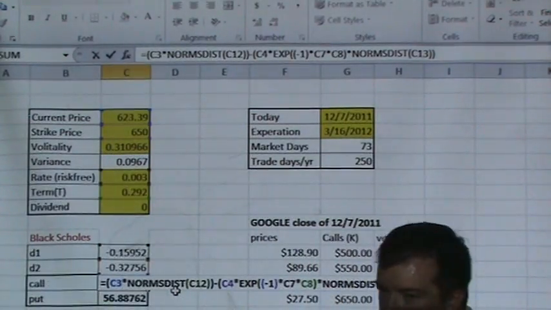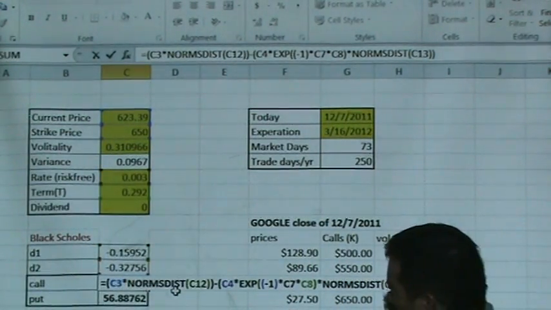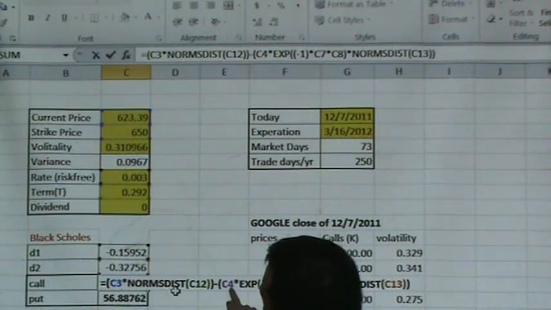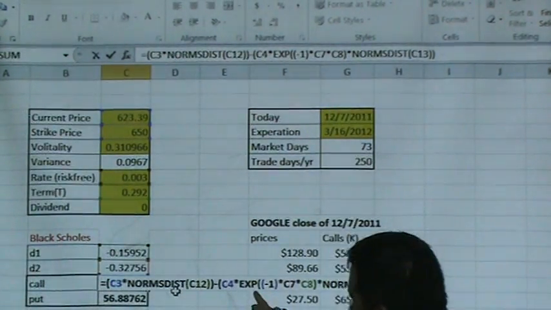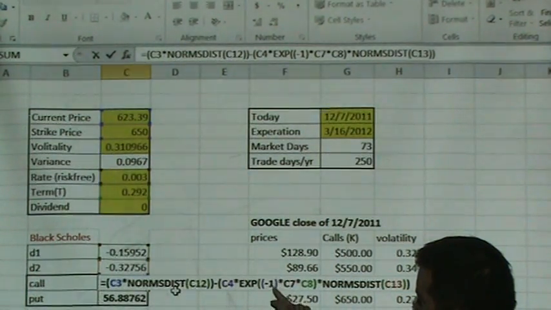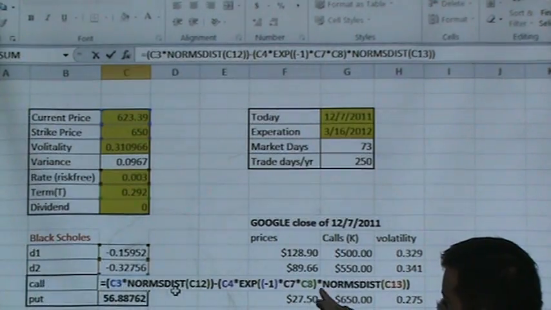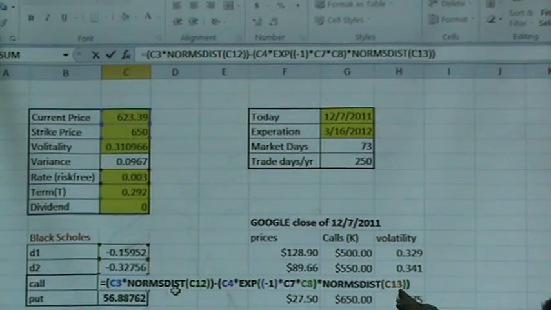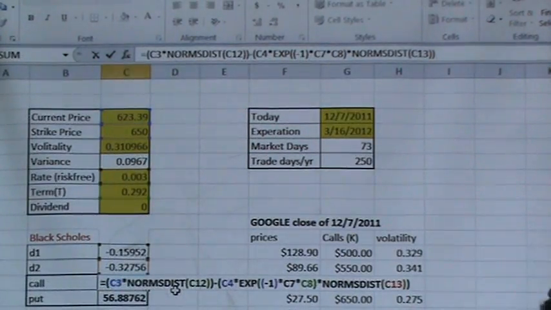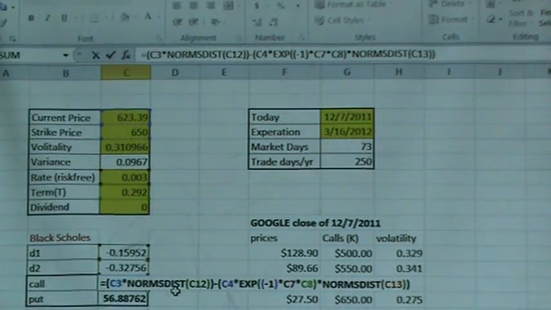So it gives you the unit normal of D1, and then minus C4, which is the strike price, times the strike price discounted by negative the rate times the remaining time, times the unit normal of D2. Okay, so we can calculate the put and the calls.